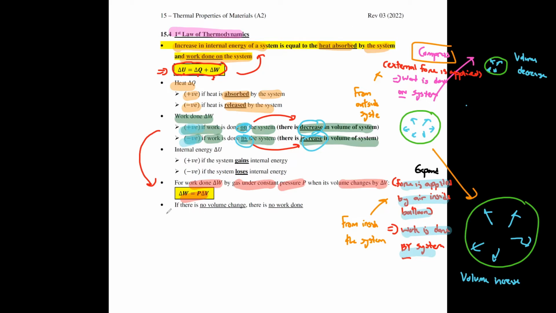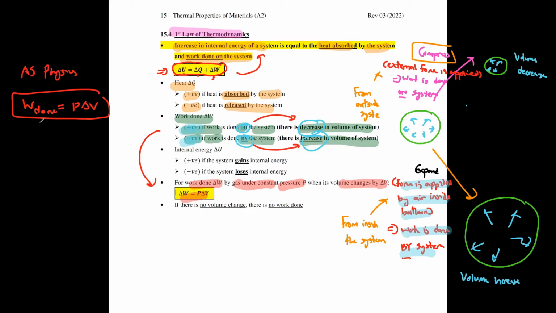You have actually seen this equation before in your AS physics under the work, energy, power chapter. Remember this one? Work done equals pressure times change in volume. This is what you learned in AS physics.